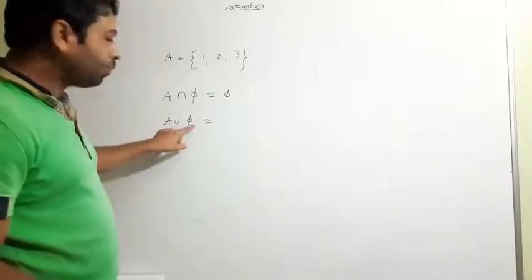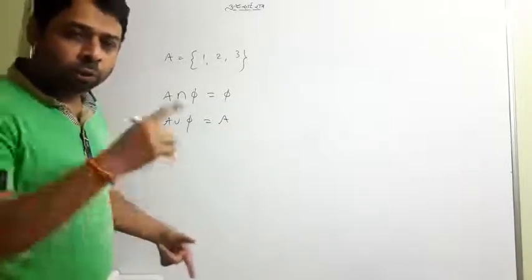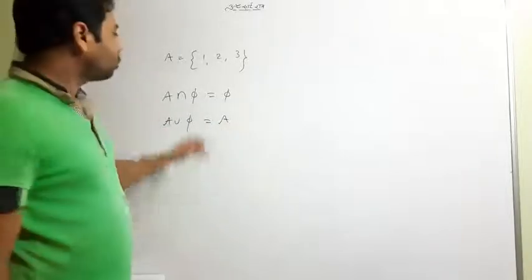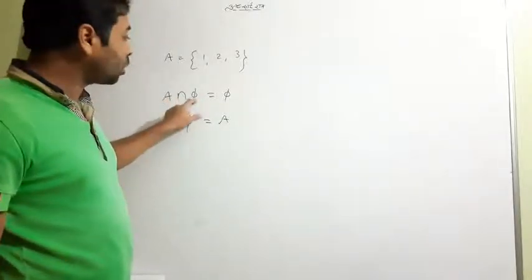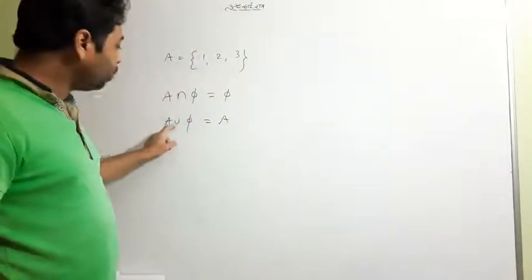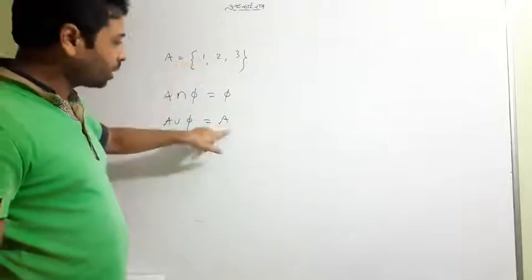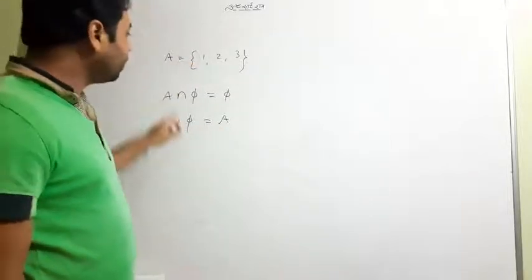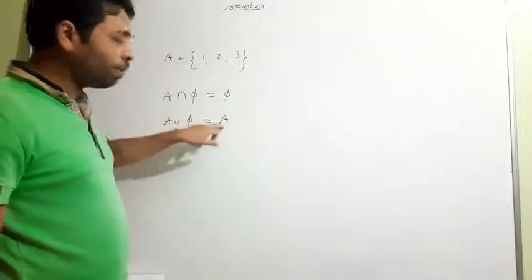And A union phi, the big set will come, meaning A, which also contains phi, as we saw with the universal set and A. So keep in mind that in case of intersection the small set will come, and in case of union the big set will come. I think that's all for the day.